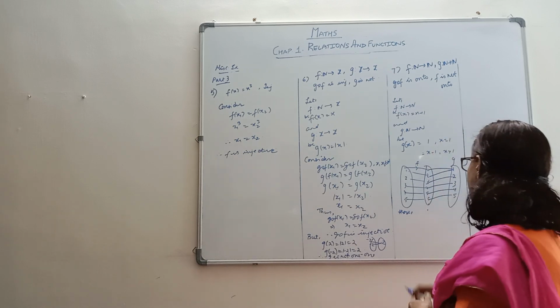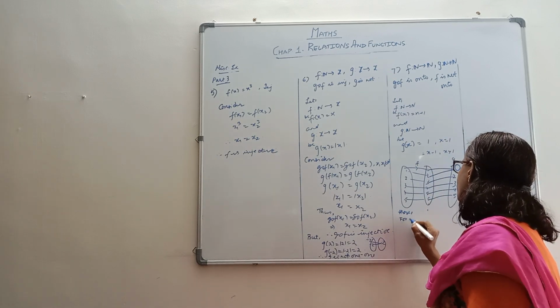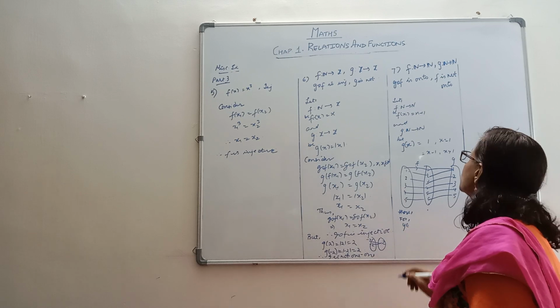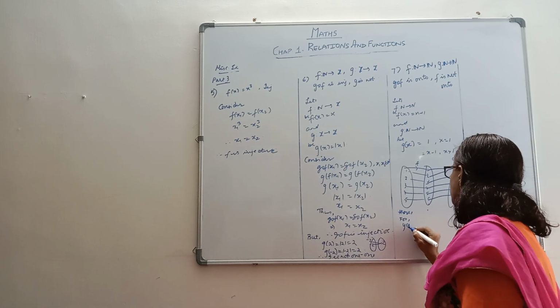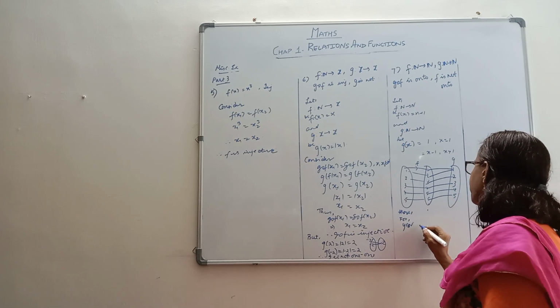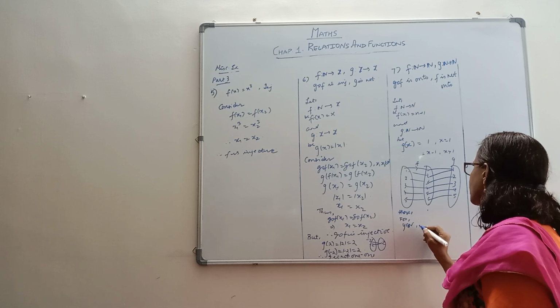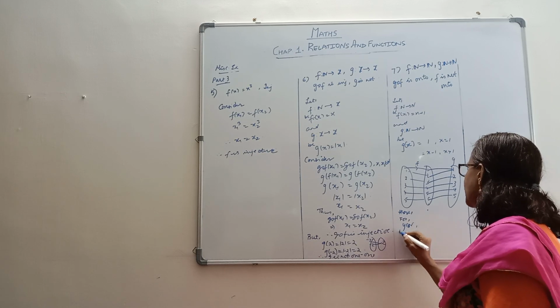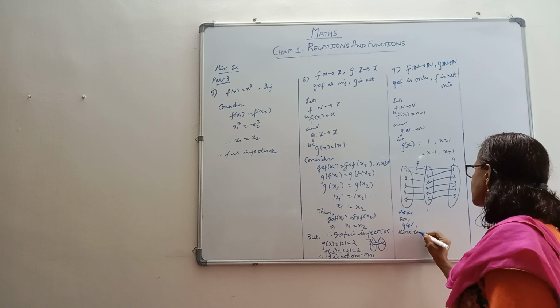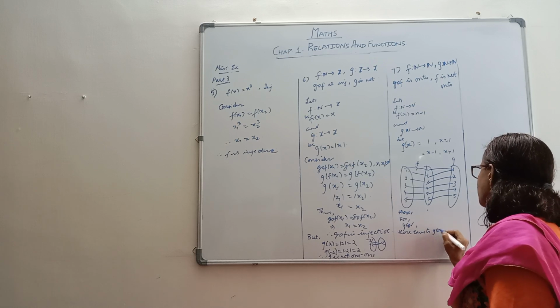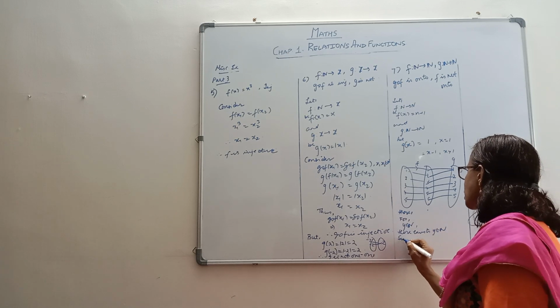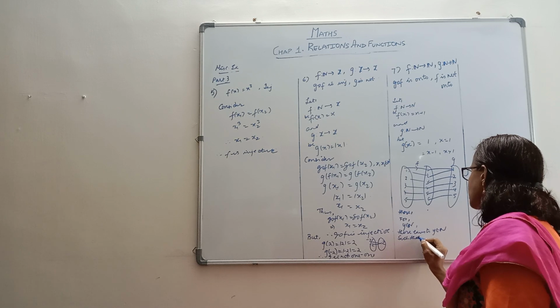For y belonging to natural numbers, there exists x belonging to natural numbers such that g of f of x is y.